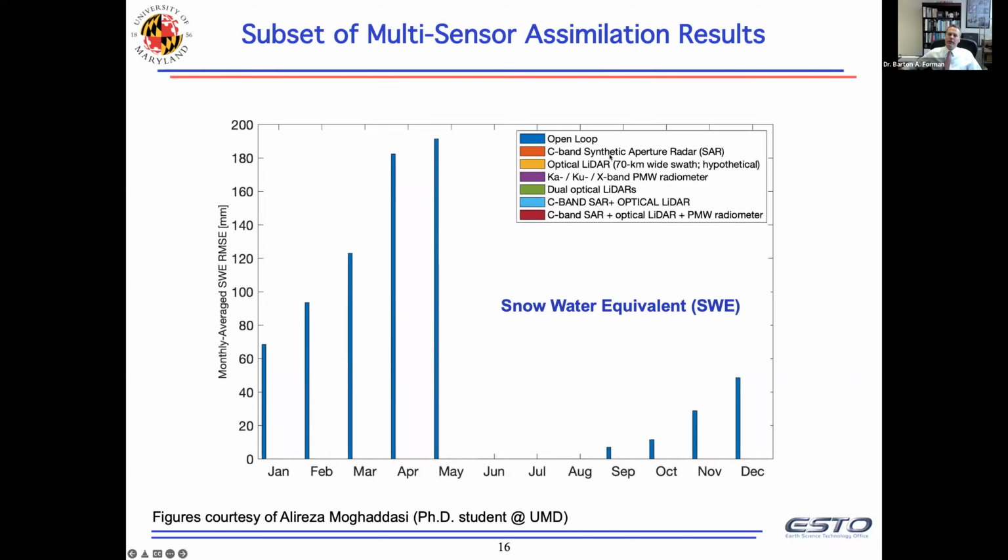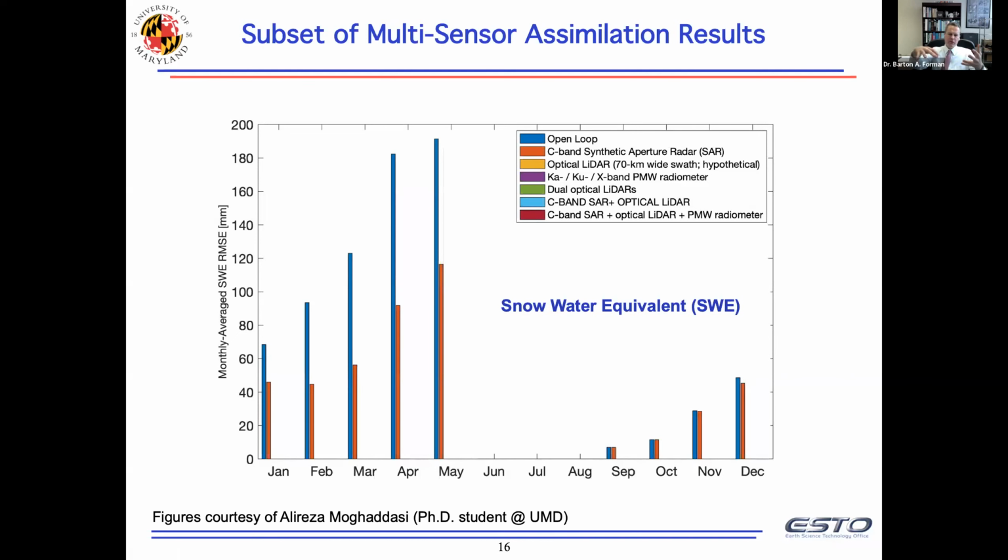Now let's run an experiment. Let's assume we have a single C-band synthetic aperture radar instrument, quite similar to the European Space Agency's Sentinel-1 program. And we can see some very large improvements.